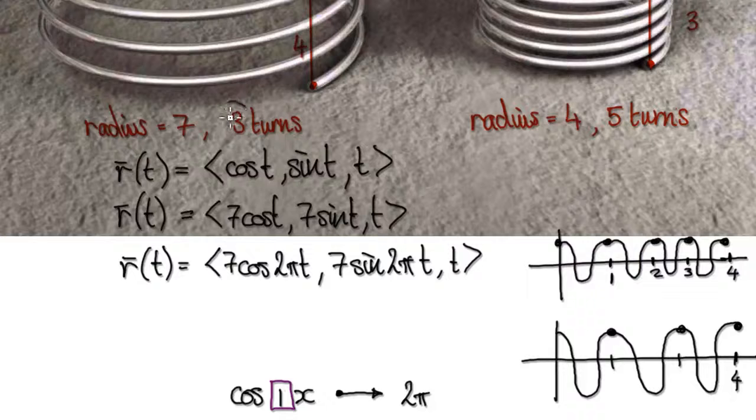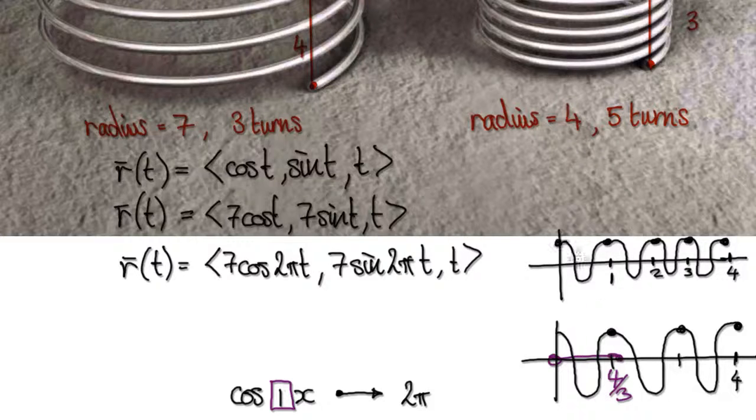We want 3 cycles. So we need to determine this coefficient here and here in such a way that it will give us a period of, well, let's get this whole length here, which is 4, and then cut it up into 3 equal pieces. So from here to here, it will be 4 over 3.